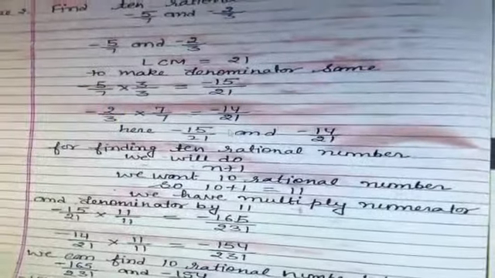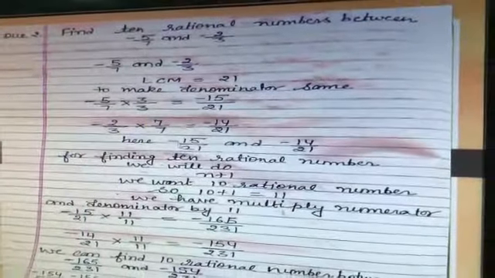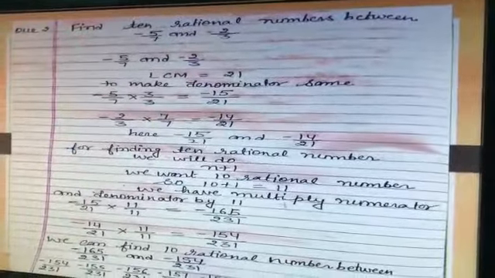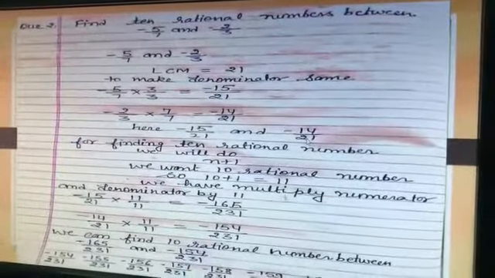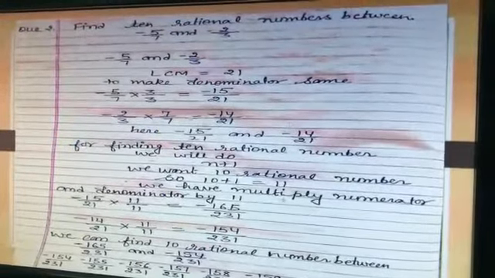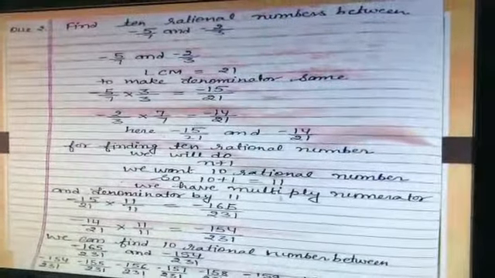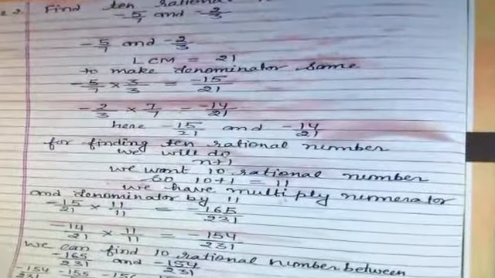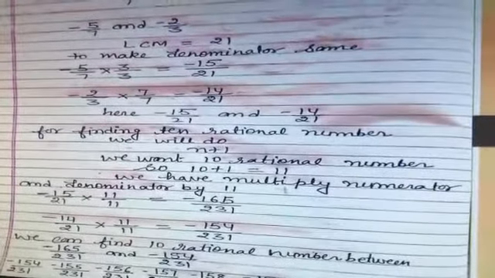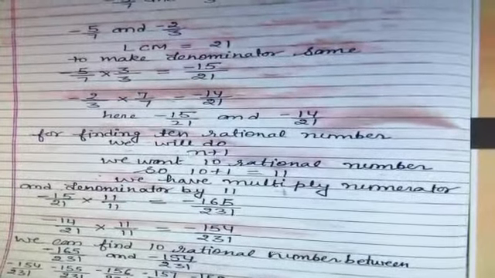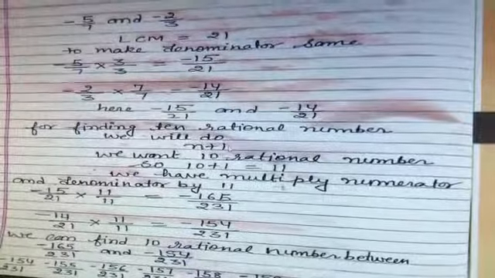But in this case we have minus 15 upon 21 and minus 14 upon 21, and here we can't find 10 rational numbers. So for finding 10 rational numbers we do the next step, n plus 1.